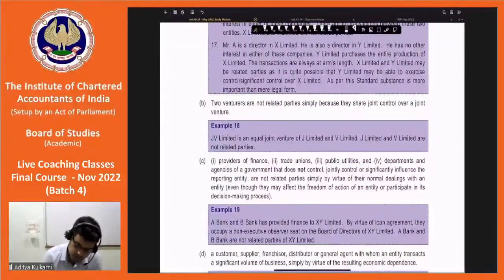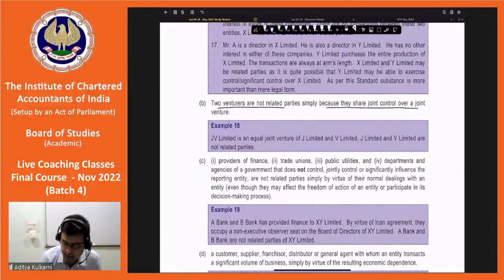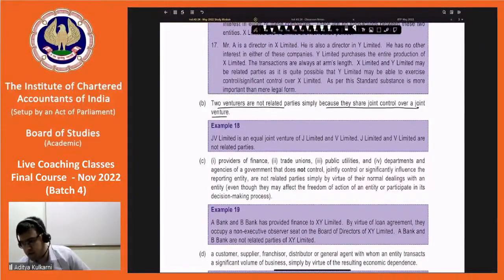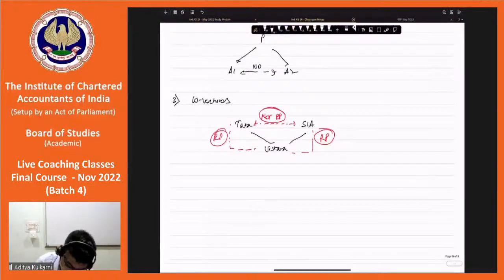Okay. 2 venturers are not related simply because they share joint control over a joint venture. They are not related to each other. Co-venturers. In this case, Tata, Singapore Airlines are co-venturers.